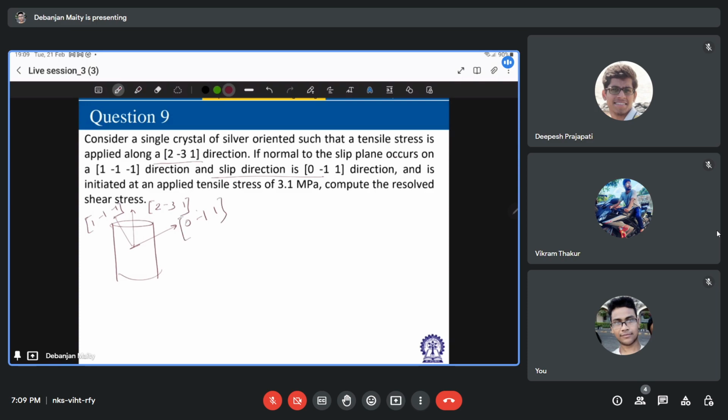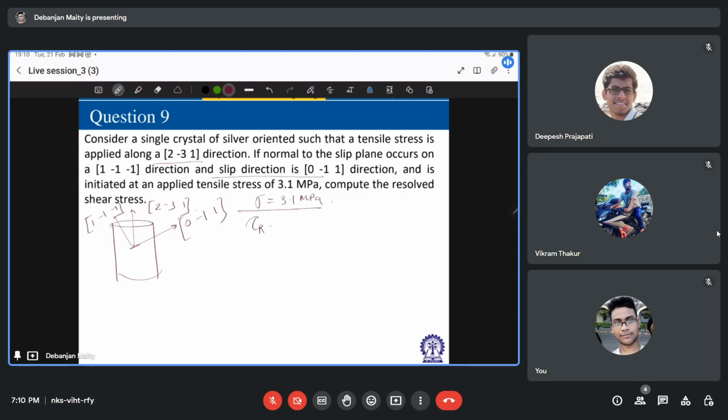All the directions are provided, and it is told that slip initiated at an applied tensile stress of 3.1 megapascal. So your sigma value is 3.1 megapascal, and then you need to find out this resolved shear stress.